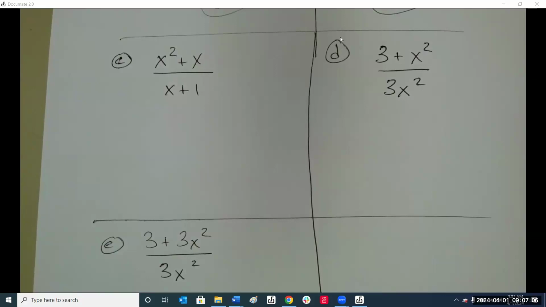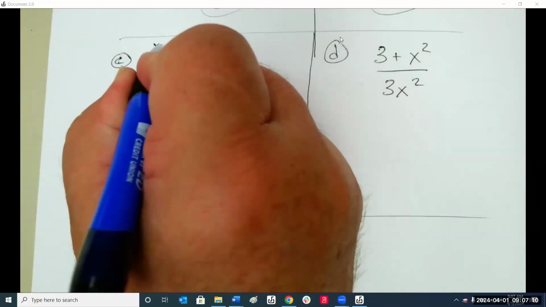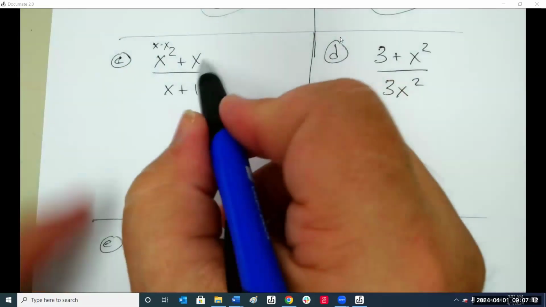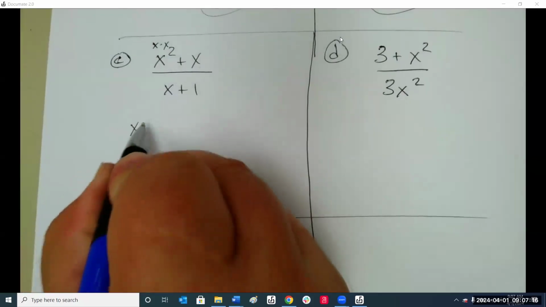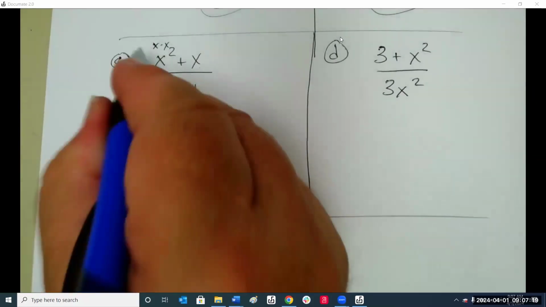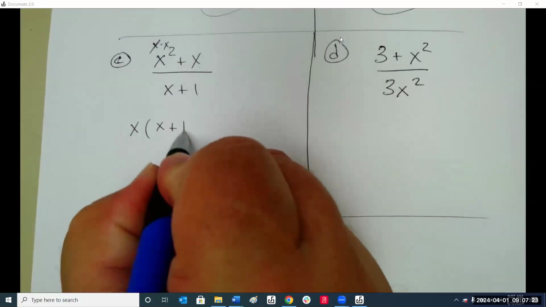Okay, so right on the top, you're right. This means x times x. So on the top, they both have 1x in common. So I could take out 1x. If I take out 1x, all I have left is x plus 1.